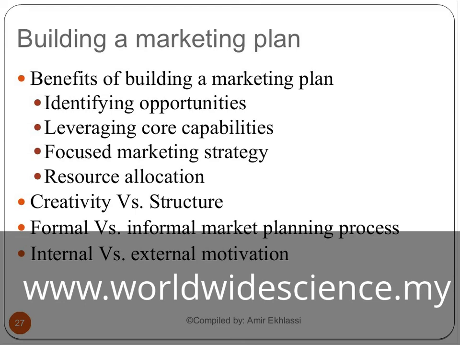We use versus in this slide, but at the same time, when you follow the structure, you should also focus on creativity, and on both informal and formal. Both are important, and also internal and external motivation. It means your views, and how you see and predict important factors in your marketing plan.